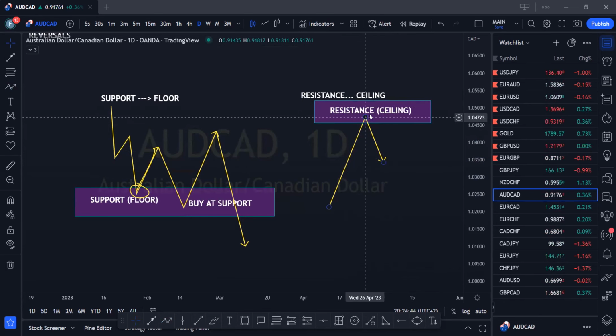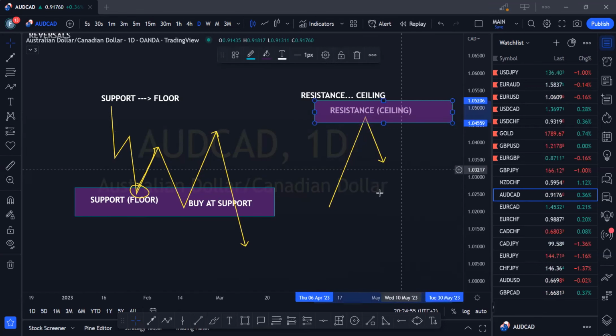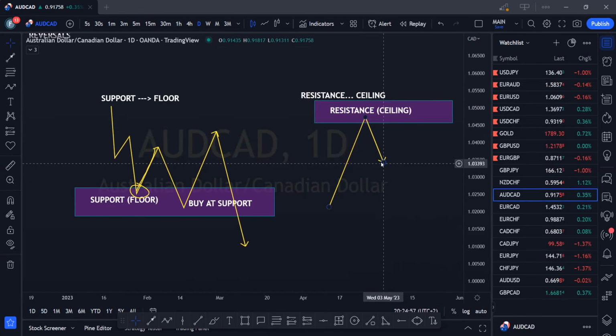This is historical data. Now that we know that price reversed here, we want to use this historical data to possibly predict what will happen in the future. So the next time that price will come into this zone, what we will be anticipating is a reversal, because in the past, this zone acted as a reversal zone.